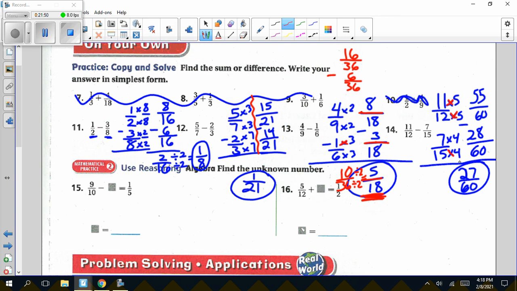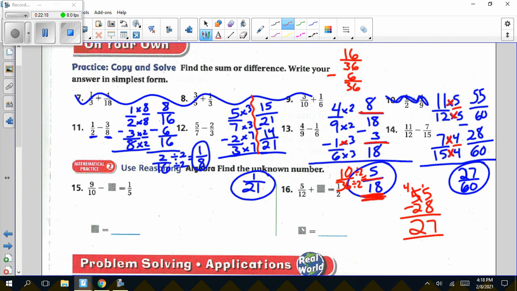Then we do 15 times 4 to get our 60. So whatever I do to the bottom, I must do to the top. And I do 7 times 4, which is 28. Then I can go ahead and subtract those, and 55 minus 28, if you borrow, should give you 27. So that would make it 27/60.